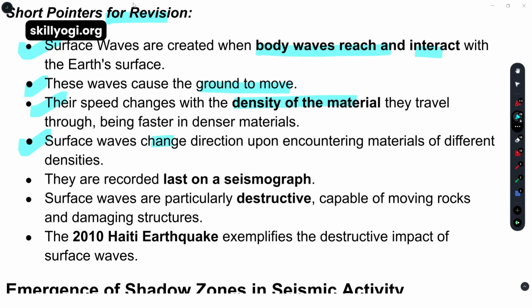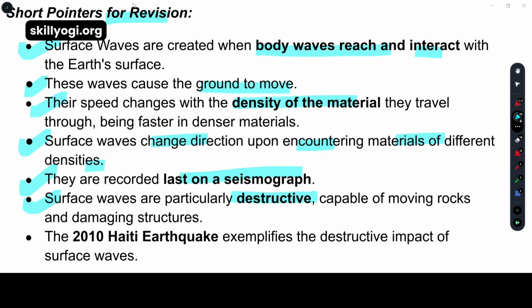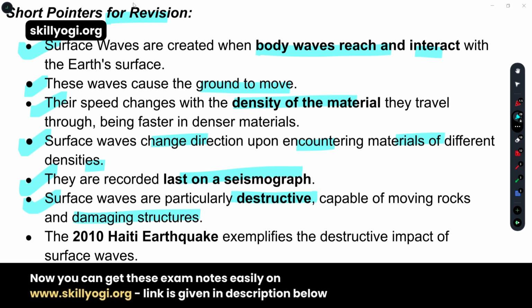Surface waves change direction upon encountering materials of different densities. They are recorded last on the seismograph, and surface waves are particularly destructive, damaging structures. One example given for this is the 2010 Haiti earthquake, which exemplifies the destructive impact of surface waves.